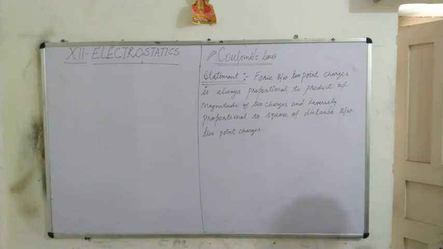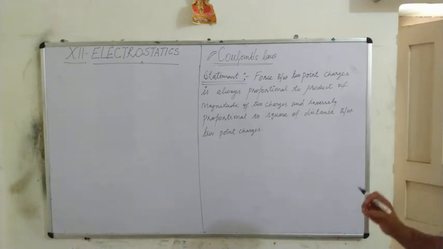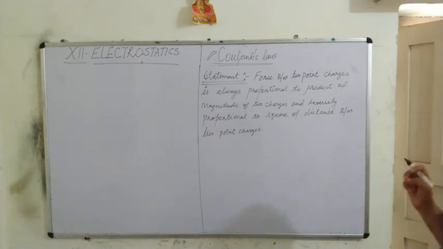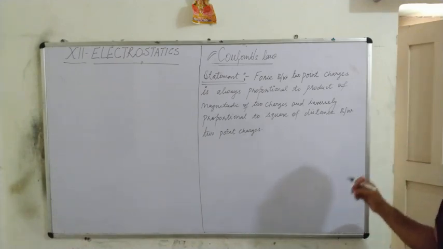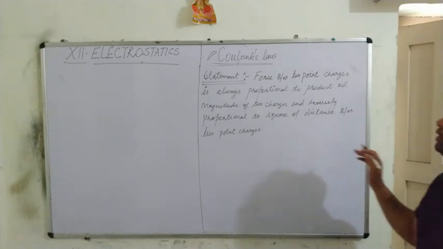So note down the statement of Coulomb's law. Force between two point charges is always proportional to the product of magnitude of two charges and inversely proportional to the square of distance between two point charges.